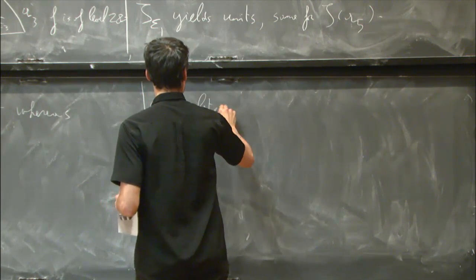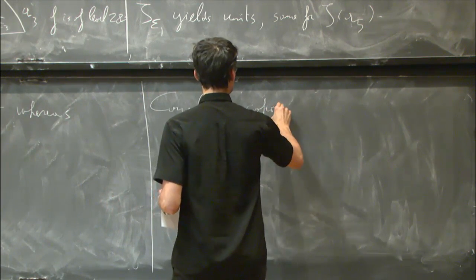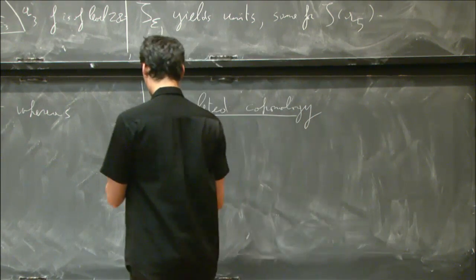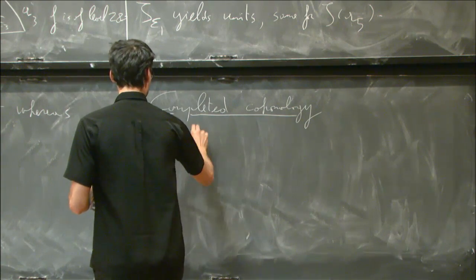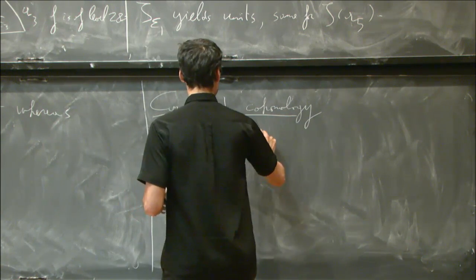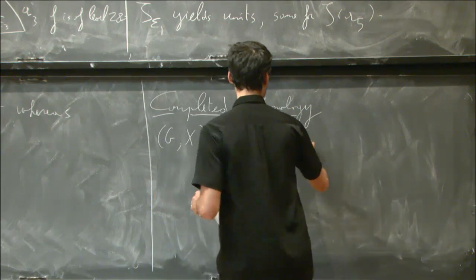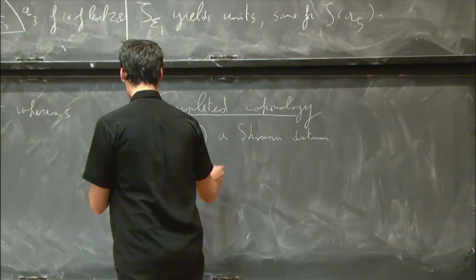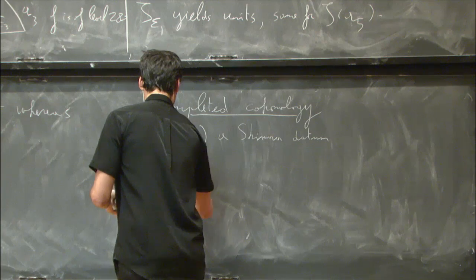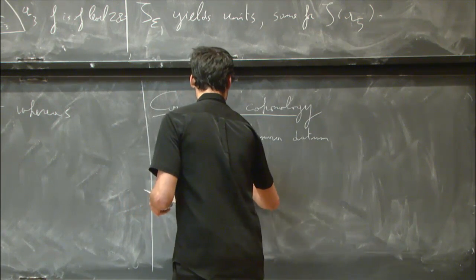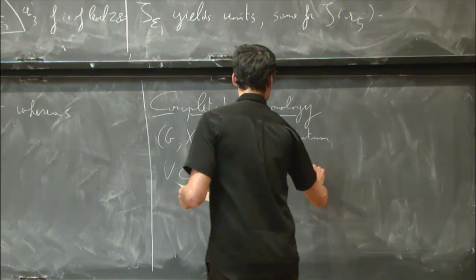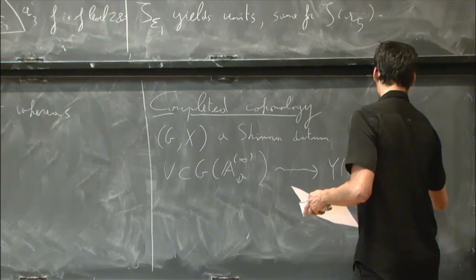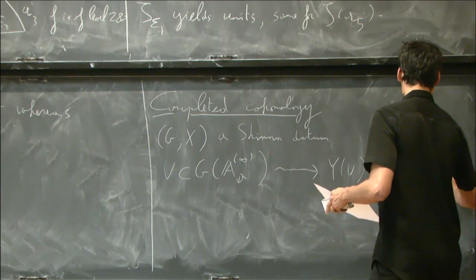So I will say a couple of words on completed cohomology. For that, I consider (G, X) a Shimura datum, so G is a reductive group. Given this datum, if I have a compact open subgroup U of the finite adelic points of G, then I can attach the Shimura variety Y_U. And for me, it's OK if the dimension d is 0.